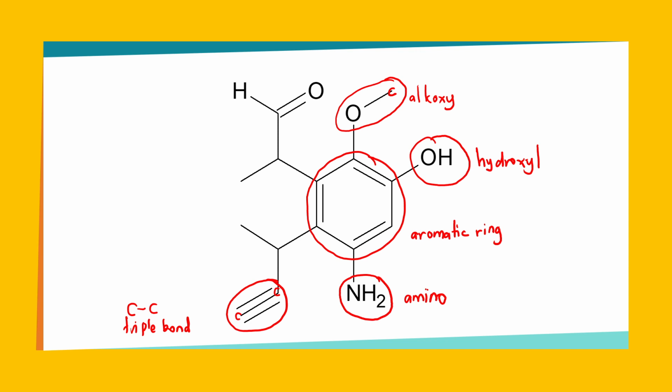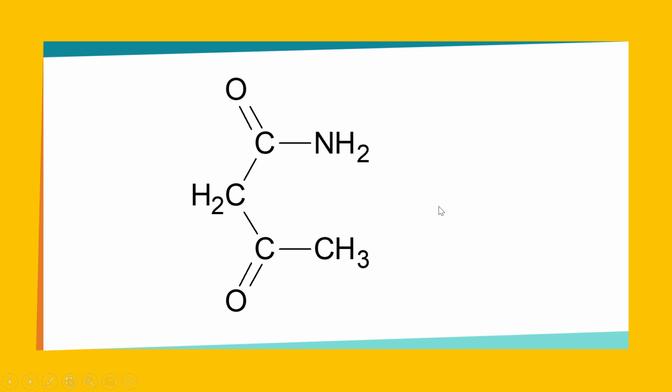Okay, anything else? Yeah, we have C double bond O, and this is carbonyl. So this is how we identify the functional group in a molecule. Because one molecule may have more than one functional group, let's look at another example.